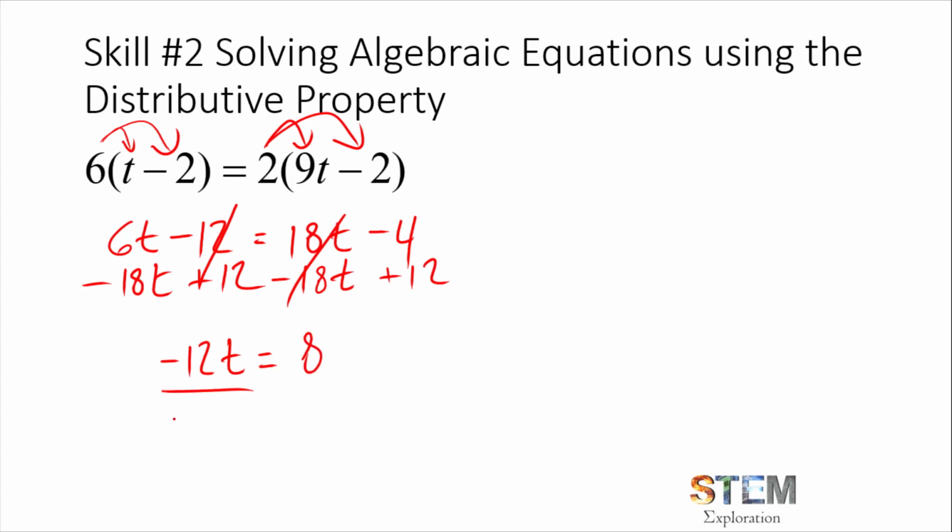If I divide both sides by negative 12, there's no other work I can do here, so this is the next step. t would simply be equal to negative 2/3 once it's all simplified out. Hopefully you can see a little bit about how this works out and how that can be done in this given circumstance.